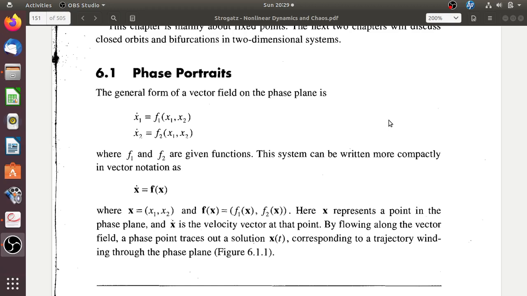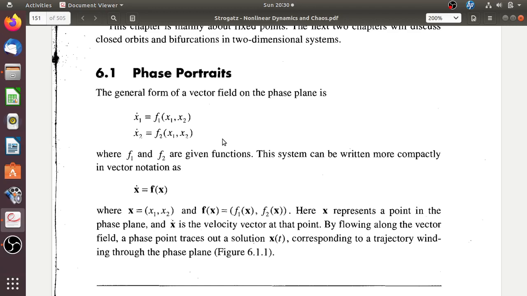If we have trajectories from many initial conditions, it will give a picture of how, for a given initial condition, the fate is going to be. That picture with a lot of trajectories, representing various initial conditions, is known as a phase portrait.